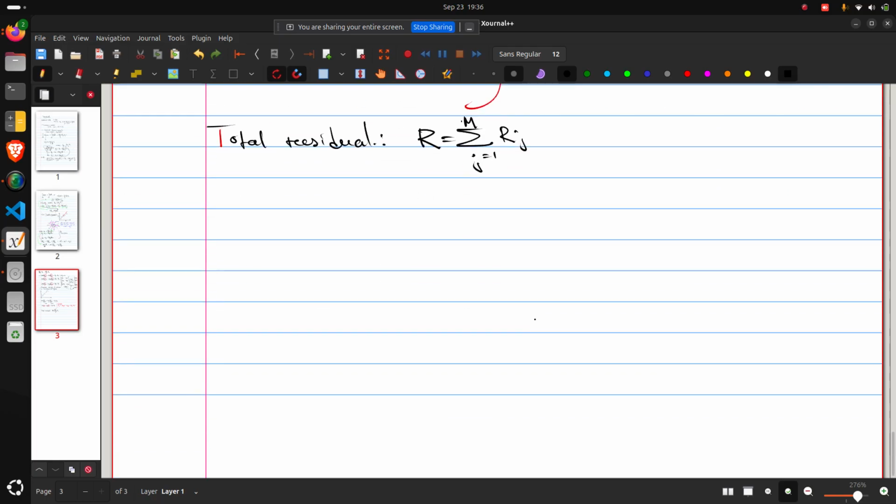And what is this actually? So capital R is nothing but summation over j equal to 1 to m of delta x j A plus delta y j B minus, this will be j, right, phi j minus phi naught.